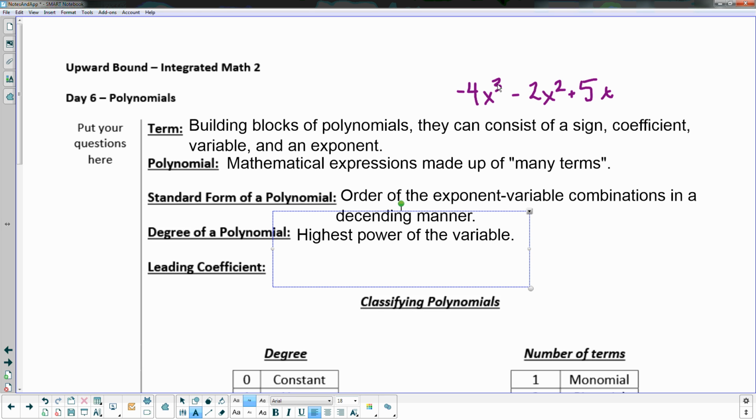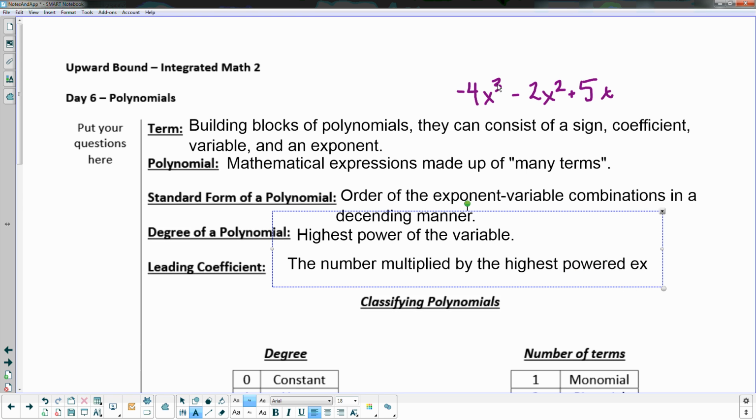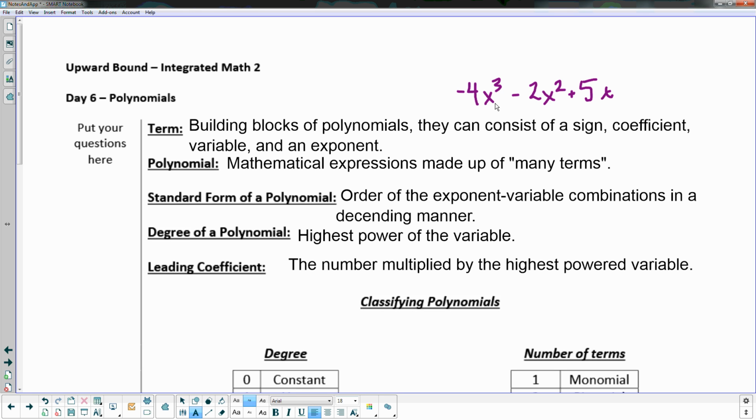And then leading coefficient is the number multiplied by the highest powered variable. So it's the number that's in front of the variable that has the highest power.